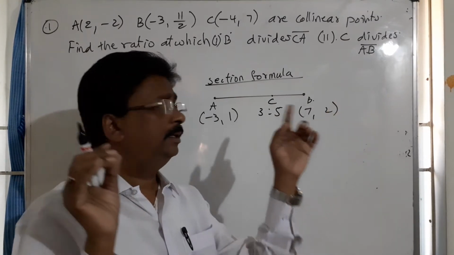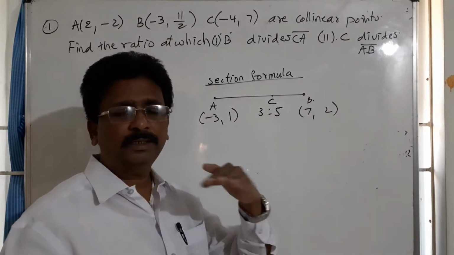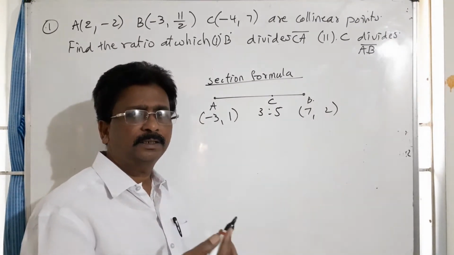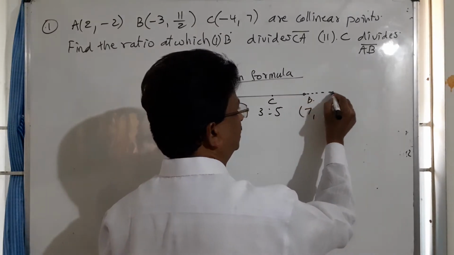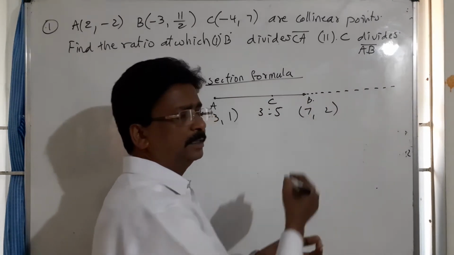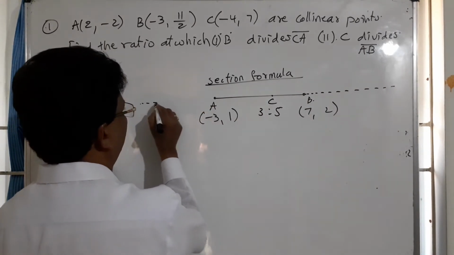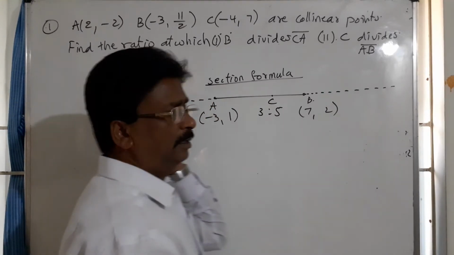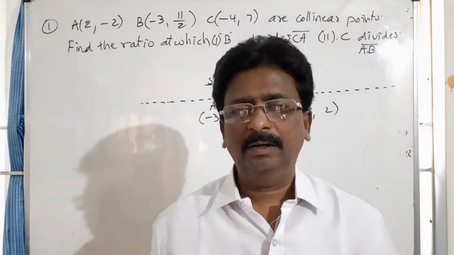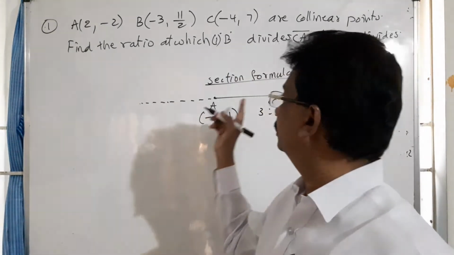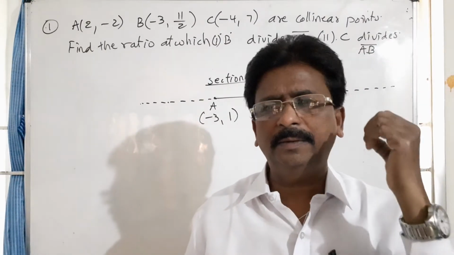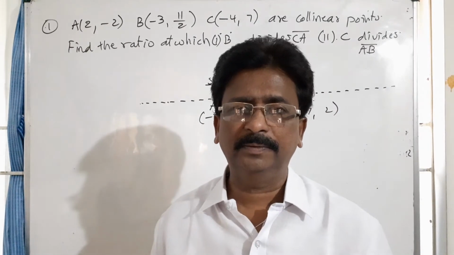And there are two exterior places: the right side of the line segment beyond B, and the left side of the line segment, which is also an external place. If C lies anywhere, internal or external, then C definitely divides AB in some ratio.